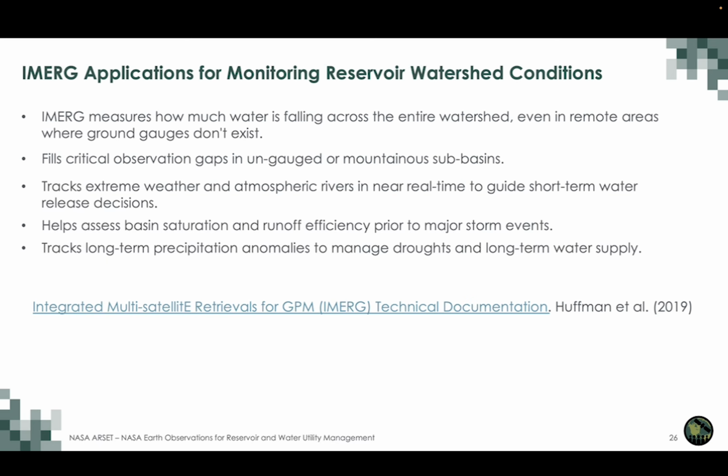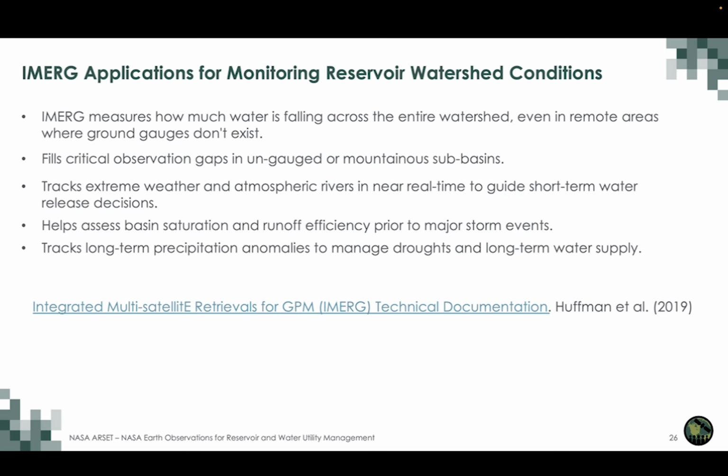For short-term operations, iMerge tracks extreme weather events such as atmospheric rivers in near real time. This gives operators the situational awareness needed to make critical, rapid water release decisions for flood control. Additionally, tracking this rainfall helps us assess precursor conditions, like overall basin saturation, allowing us to better predict how much of a storm will actually translate into runoff versus being absorbed into the soil.